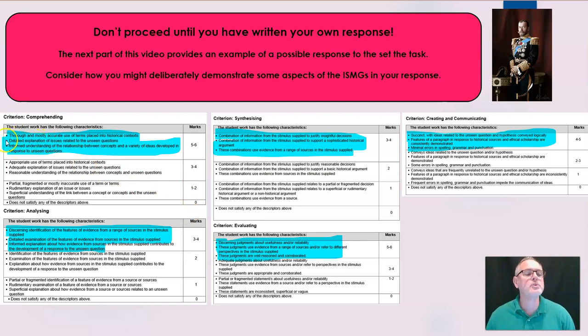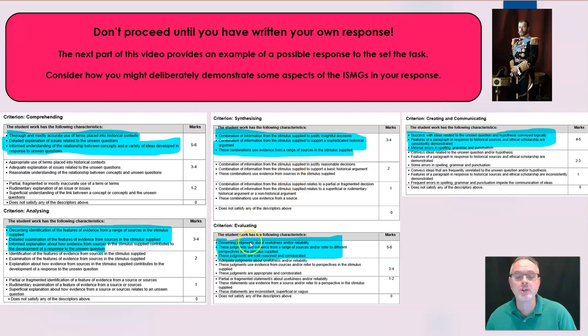Often it's the descriptors' opening words: thorough and mostly accurate versus appropriate, detailed versus adequate, informed versus reasonable, discerning identification versus identification, detailed examination versus examination, informed explanation versus explanation, a combination of information to justify insightful decisions versus reasonable decisions, sophisticated arguments versus basic arguments, from a range of sources rather than just from sources.